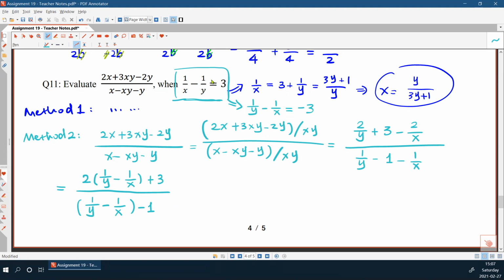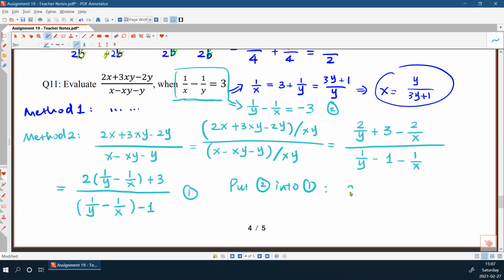Because when you put 1 over y on the right-hand side and 1 over x on the right-hand side, at the same time, you need to put 3 on the left-hand side, and 3 becomes minus 3. So that means we can put, okay, let me denote this is number 2, and this is number 1. All we need to do is to put 2 into 1.